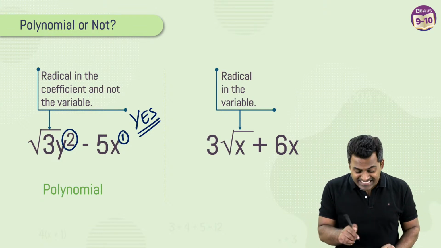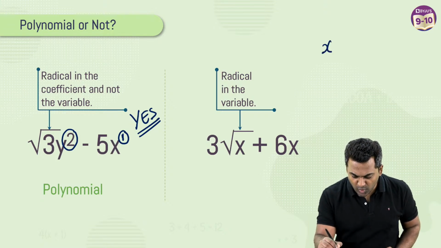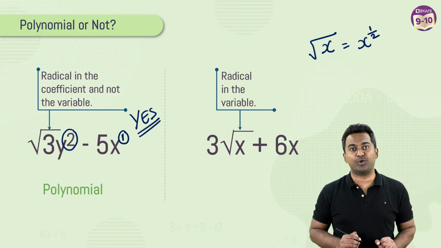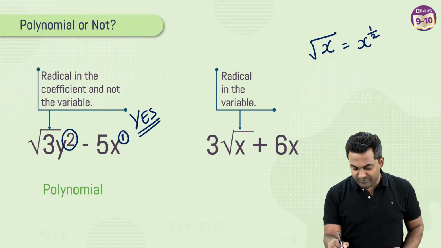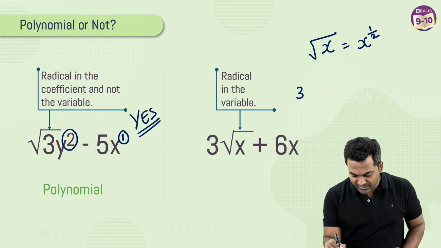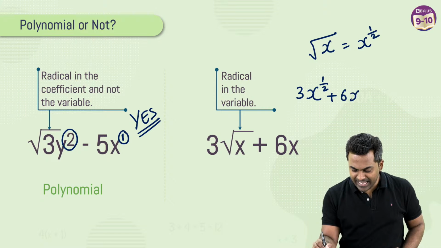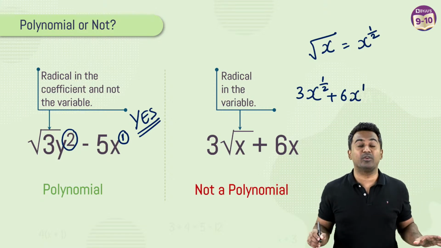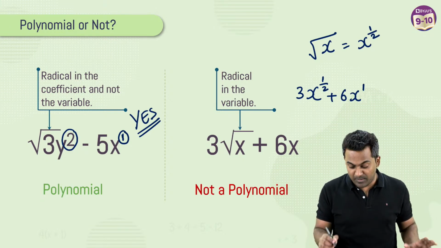But this thing, square root of x, how can we write this? This can be written like x to the power 1 by 2. So if I were to rewrite it, it can be written like 3x to the power 1 by 2 plus 6x to the power 1. So the second one is not going to be a polynomial. Why not?